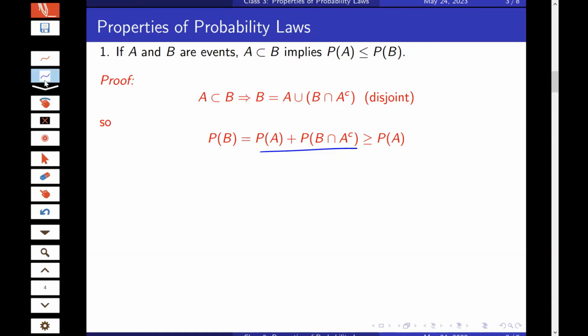So P(B) is equal to P(A) plus something. That means P(B) is definitely not less than P(A), because if you add something to the probability of A, you get P(B). So if you drop this part, P(B) is going to be greater than or equal to P(A).